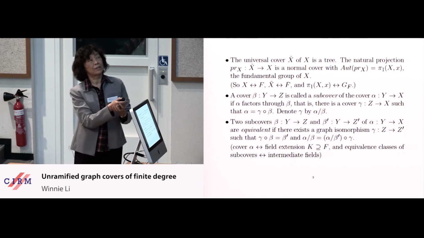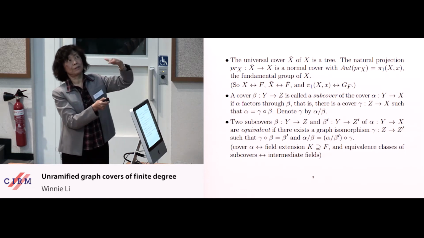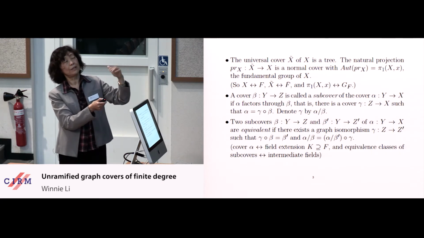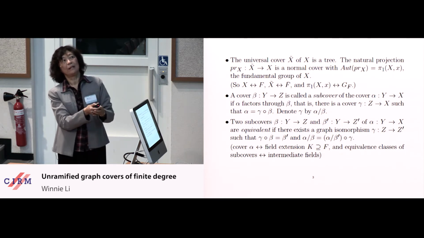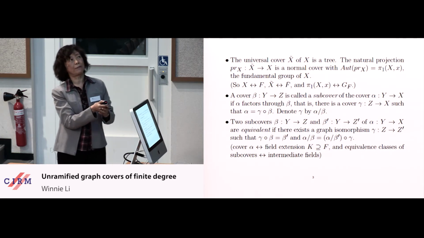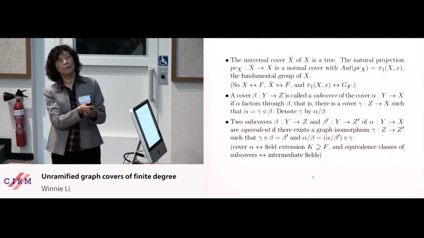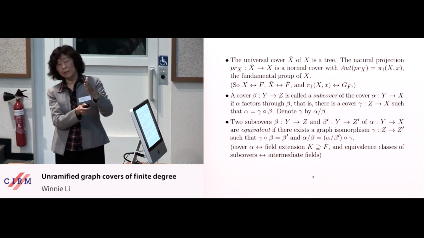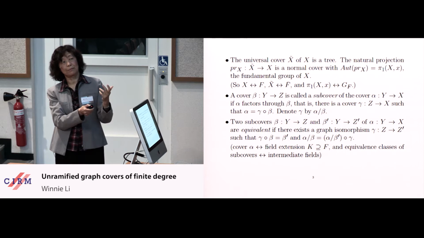From the universal cover to the graph itself, there's a natural projection, and this projection is a normal cover. The Galois group is naturally isomorphic to the fundamental group of the graph X. So the fundamental group plays the role of the absolute Galois group. When we talk about the fundamental group, we need to choose a base point. But again, since the graph is connected, it doesn't matter which base point we choose. All the groups are isomorphic.